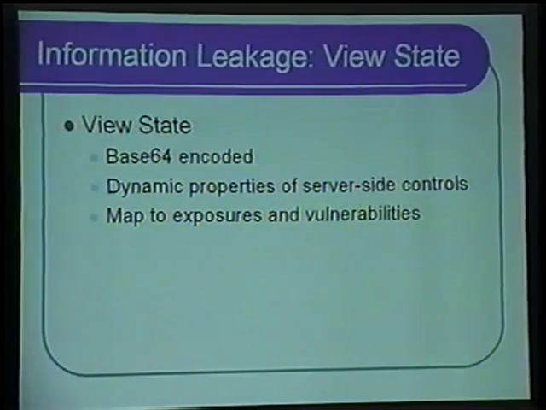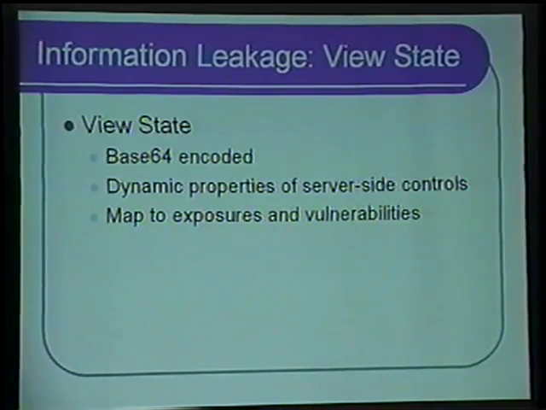So the view state. How many people here are familiar with the view state? A few hands. OK, so the view state is a base64 encoded state. When you have a .NET application and you communicate with it as a client, it will actually send to you, by default, the state of the server-side properties that are dynamic.